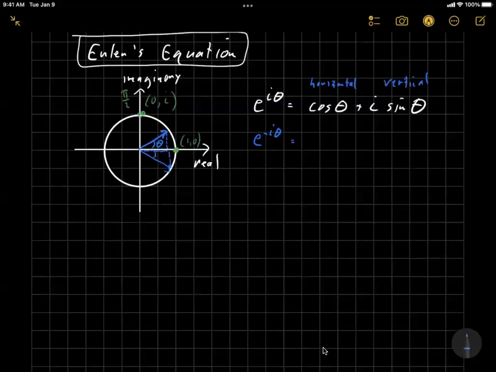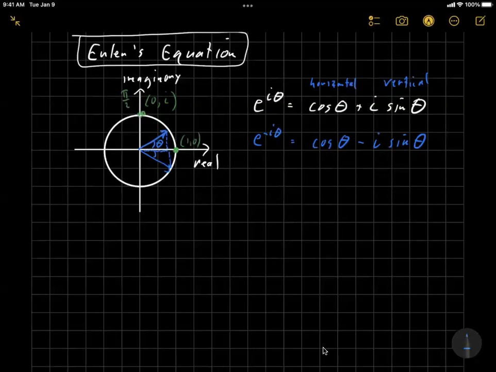You can see the x component is the same, so that would still be the cosine of theta for its real part or horizontal part. And the vertical part would be the negative of i sine theta. It's a congruent triangle down there, so its vertical size is still given by sine theta, but it's in the opposite direction. So that would be that location there.